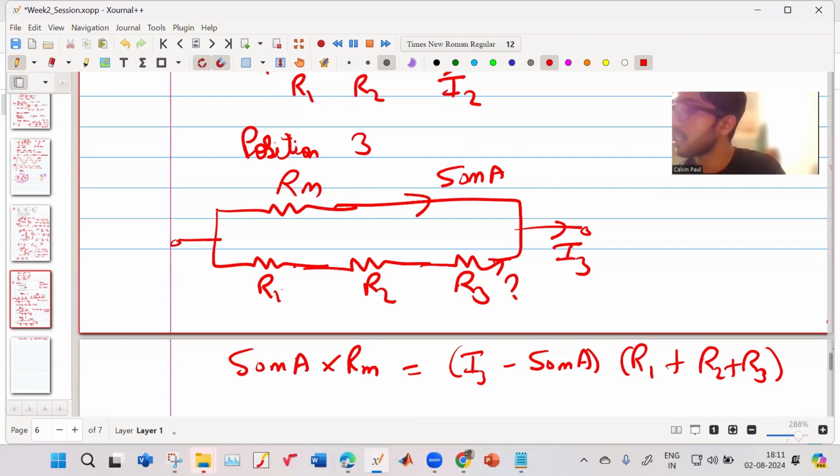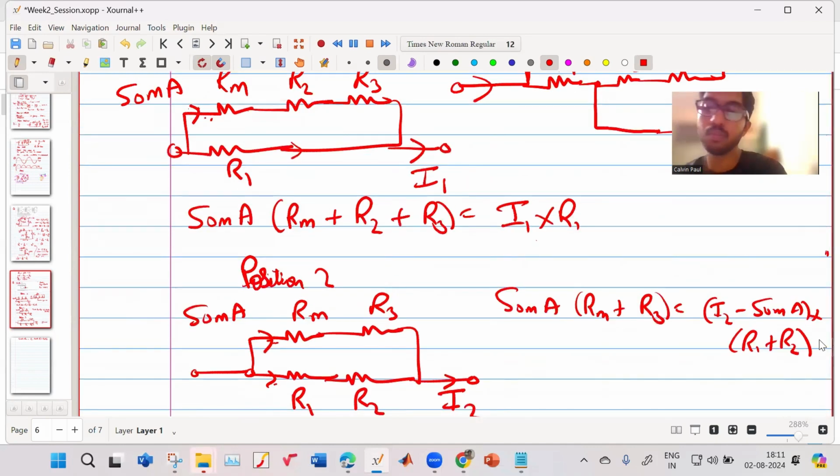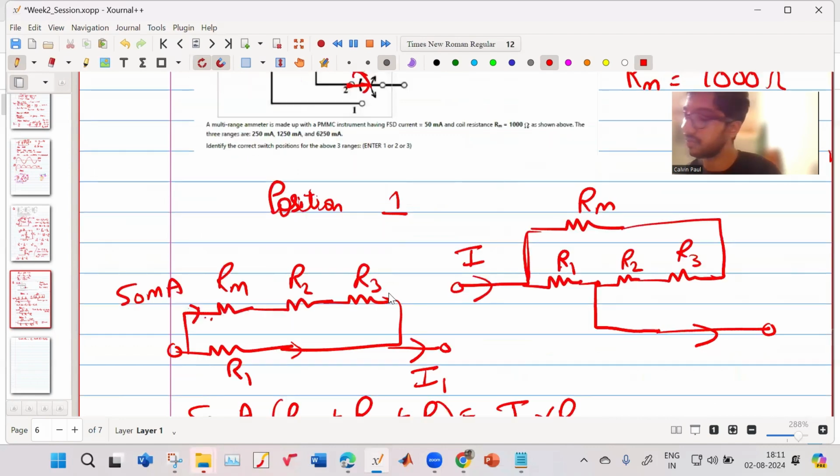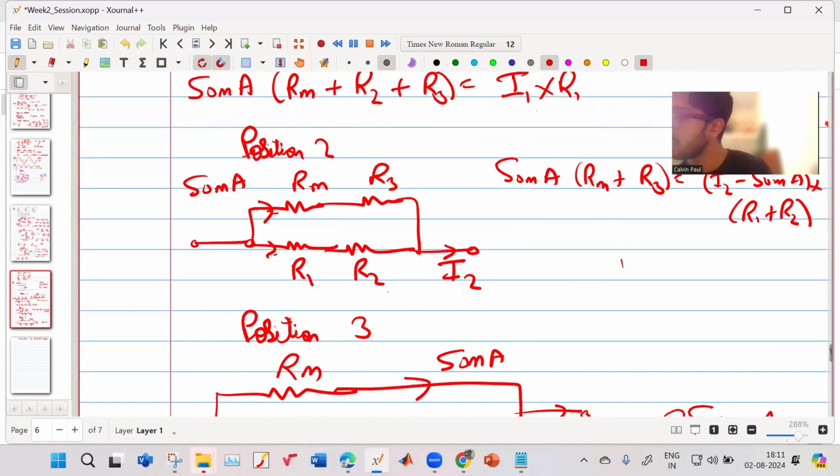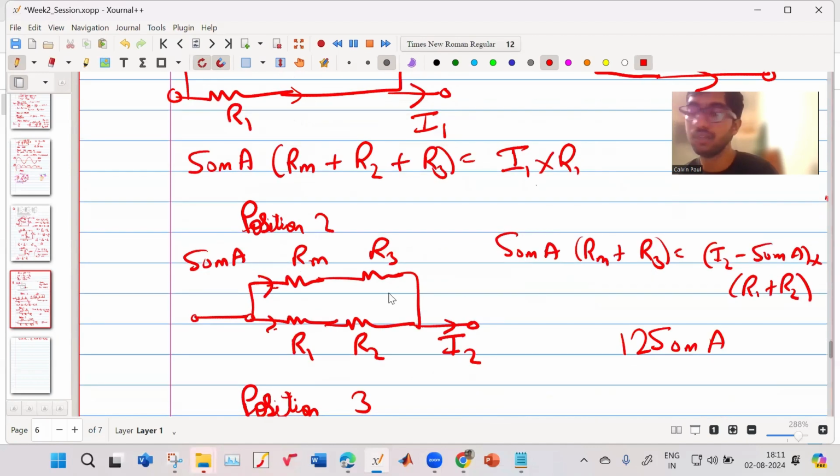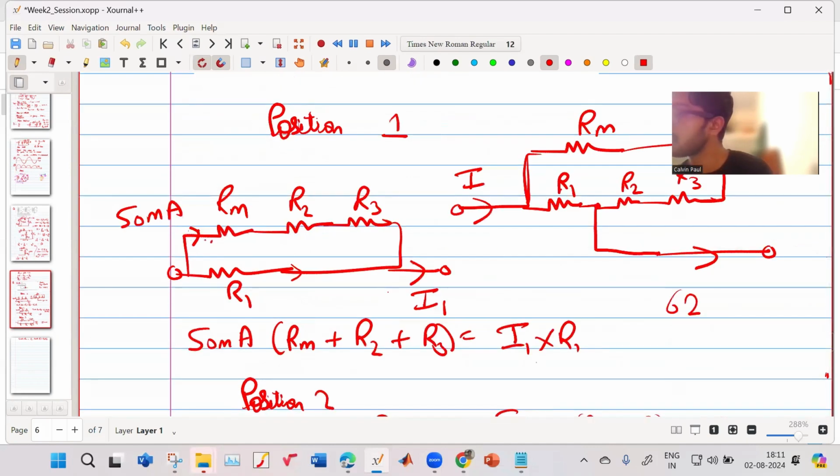So at position 3, it will be the lowest current rating, that is 250 milliampere. In position 2, it will be the middle rating, 1250 milliampere. And at position 1, it will be 6250 milliampere.